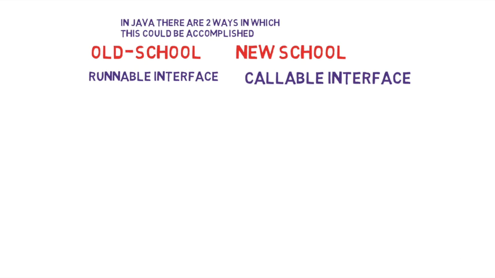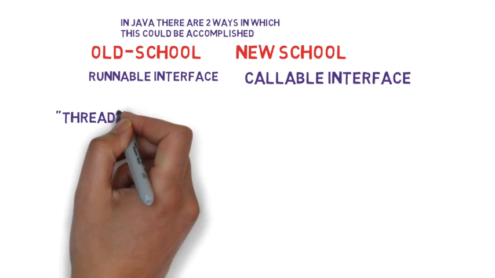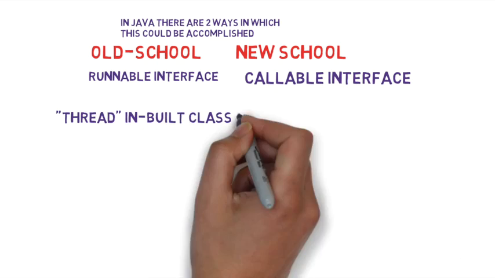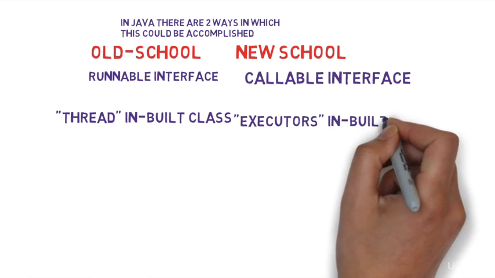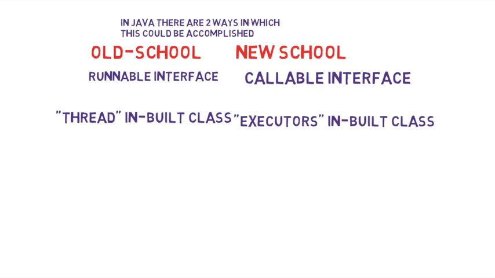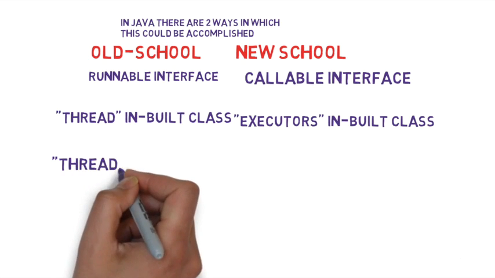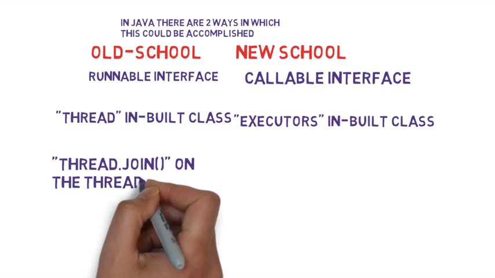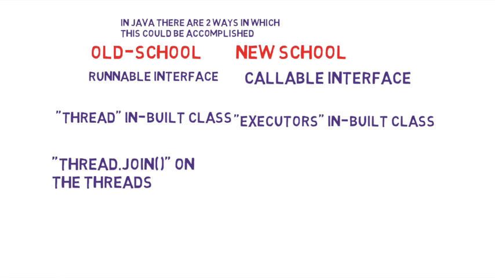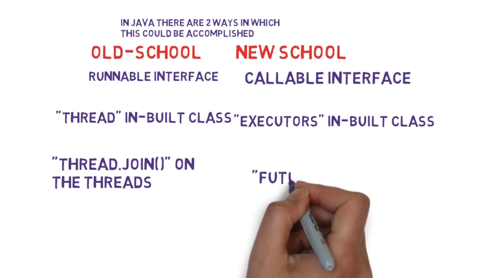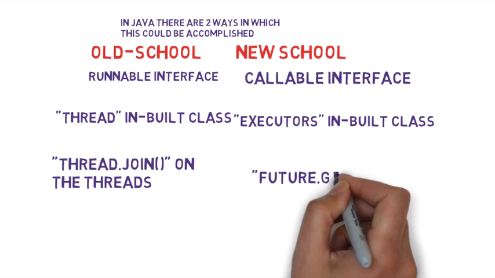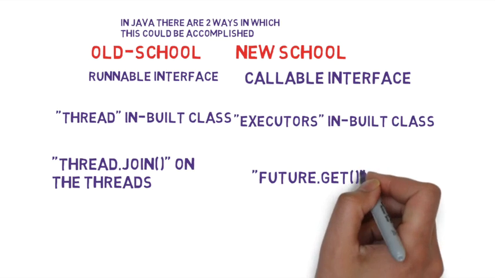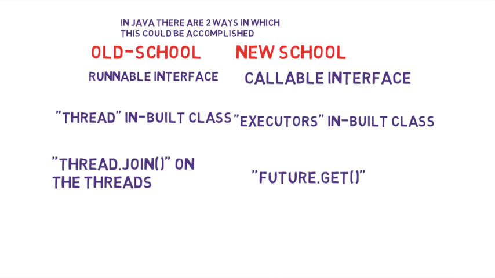The old school way uses the inbuilt Thread class which Java provides, and the new school way uses executors as the built-in class which Java provides. The old school way uses thread.join on threads in order to wait for all the results to come in. And the new school way uses future.get in order to get the results from each of the callables.